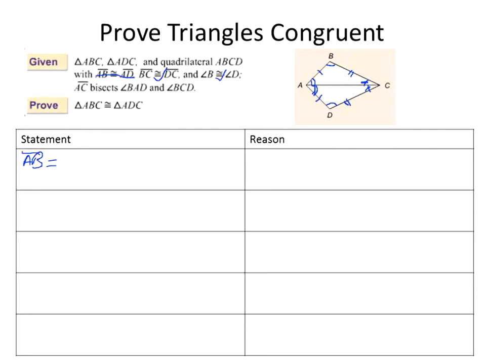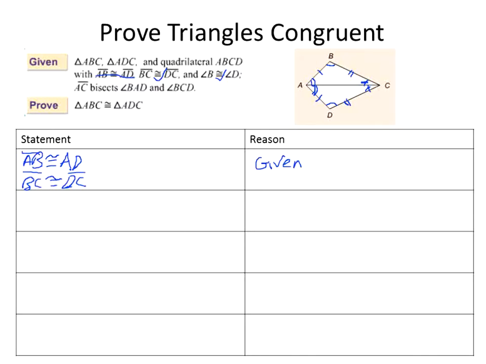We know that AB is congruent to AD. That's information that we know. We also know that BC is congruent to DC. So we have two sets of sides that are congruent, and those were given to us.